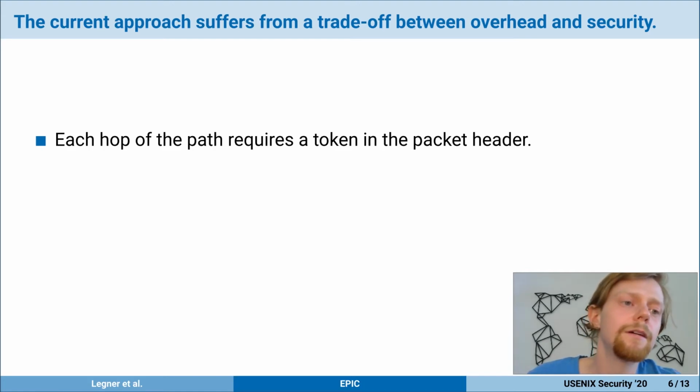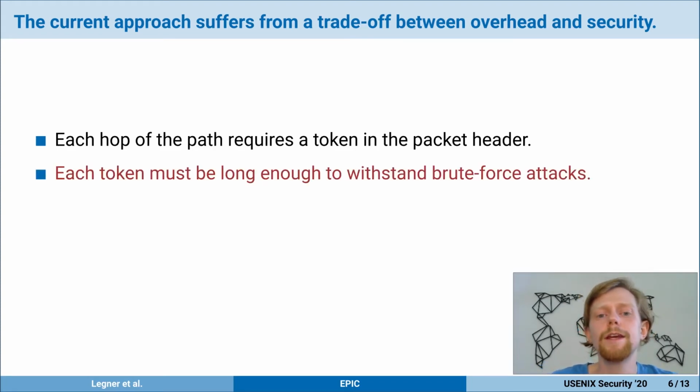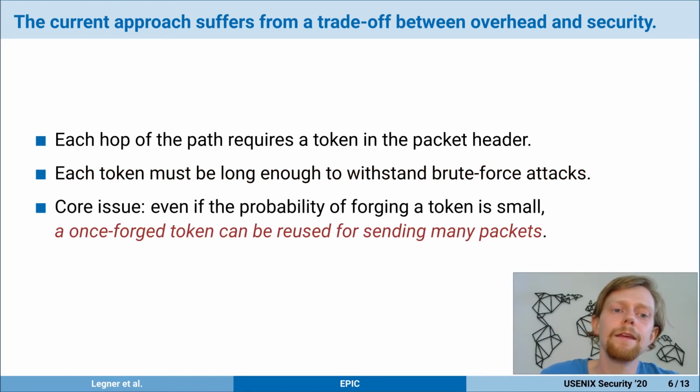One might be tempted, therefore, to simply reduce the size of these tokens, but each token individually must be long enough to withstand sophisticated attacks. The core issue here is that even if the probability of forging a token is relatively small, if an attacker manages to do that, it can be reused for sending many additional packets.